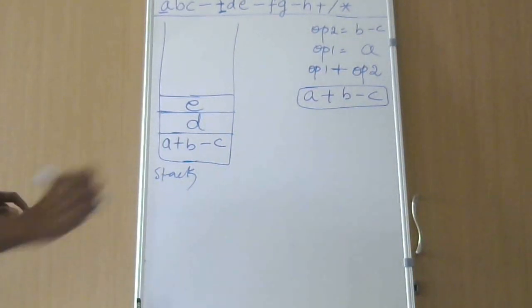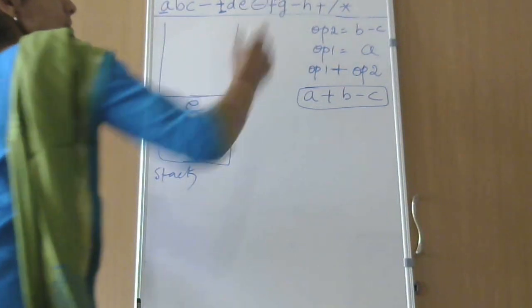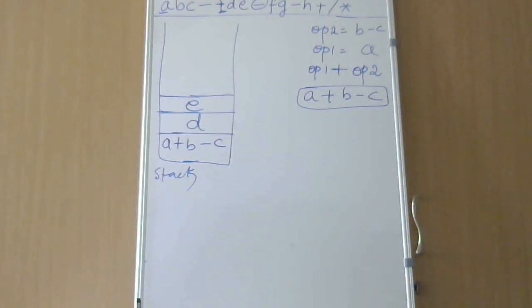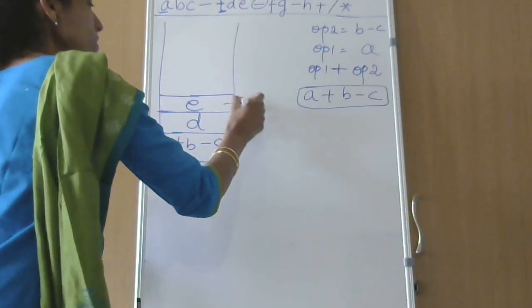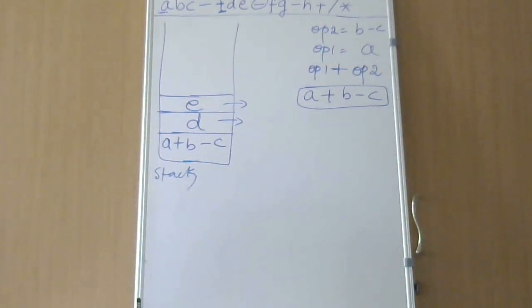Alright. Next is what? Minus. Minus is an operator. So the top two elements of the stack should be popped out, apply the minus on them, and push the result onto the stack. So top two is what? These two are the top two elements. E and D I should pop out.